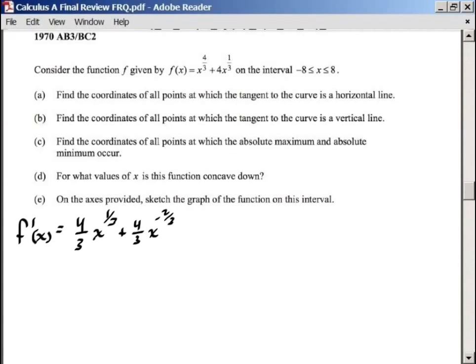Okay? So I'm going to simplify this a little bit because it looks really nasty right now. I want to set this equal to 0 and figure out what it is. So let's change this a little bit. It's going to be 4x to the 1/3 over 3 plus 4 over 3 x to the 2/3.